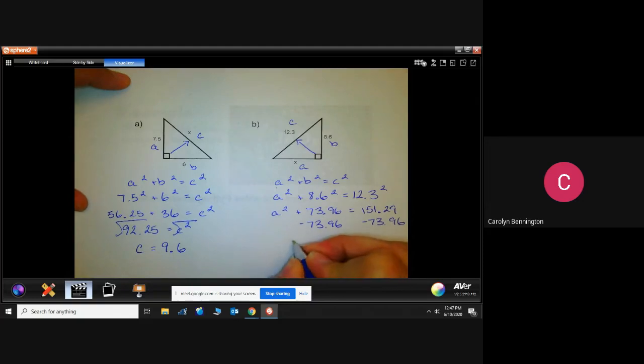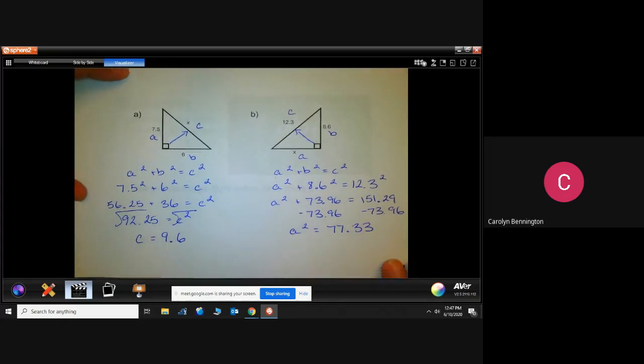So when we do that, we'll have A squared equals 77.33. And then we'll square root both sides of our equation. So we'll get A equals 8.79, but our 9 rounds our 7 up to an 8. So our A value is 8.8.